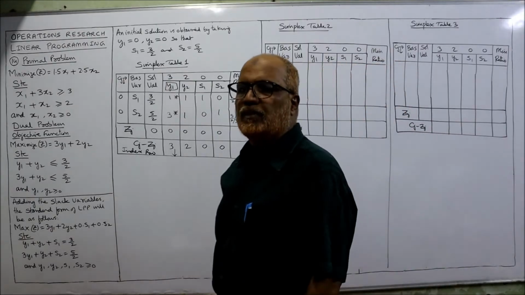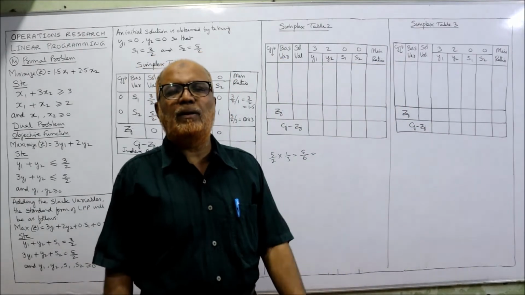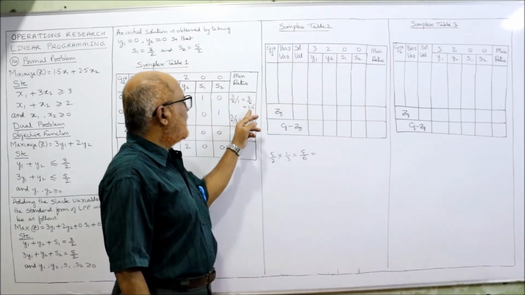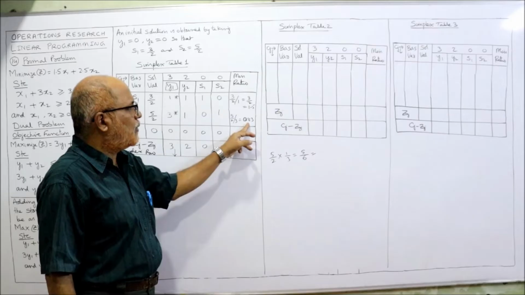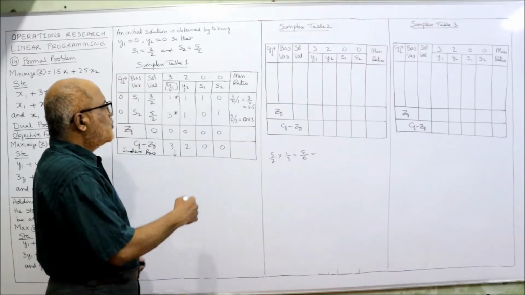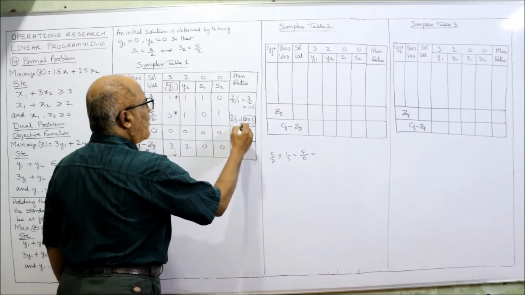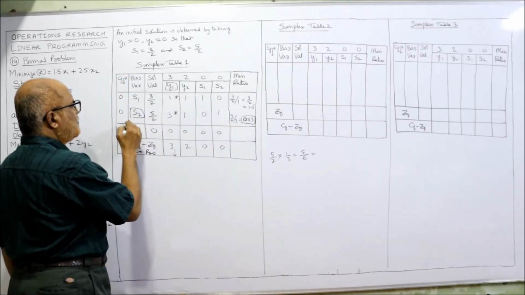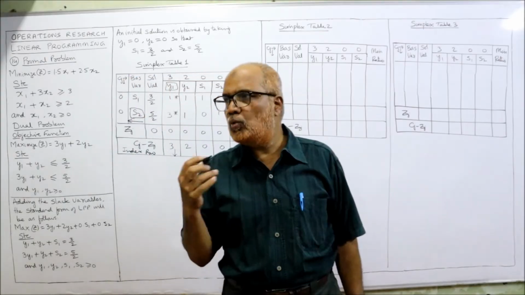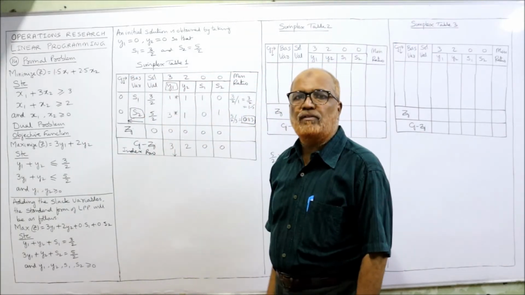Now the minimum ratio. Whichever is minimum, that will be the outgoing or departing variable. Here the first is 1.5, the second is 0.83. So 0.83 is lower, for which variable? For S2. So in the next table, S2 will depart and Y1 will enter.